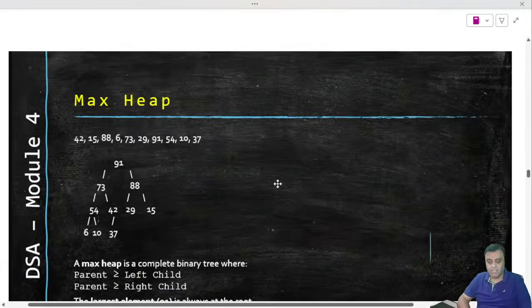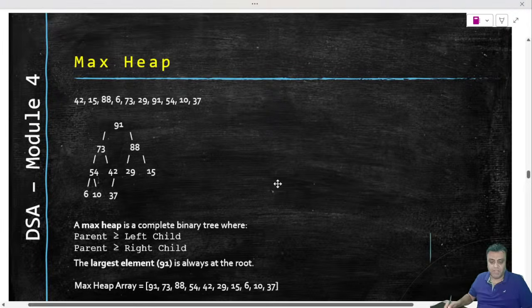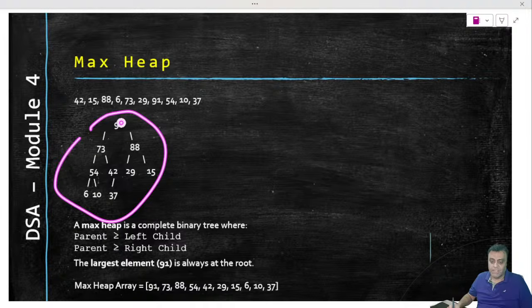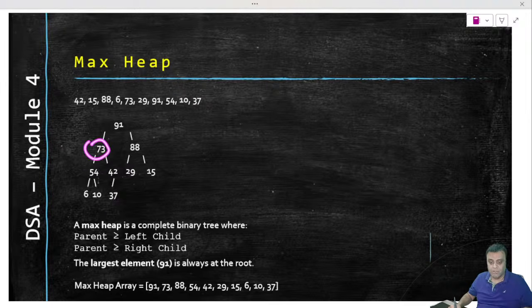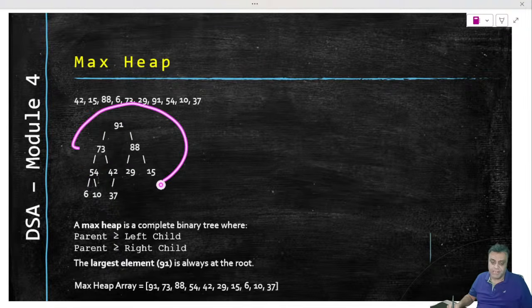And when we convert that to a max heap by the process of heapify, we will get this particular tree, and this tree is a max heap because every node below it has all lesser elements. So that is why this becomes a max heap, and 91 is actually your highest element, the way it is structured.